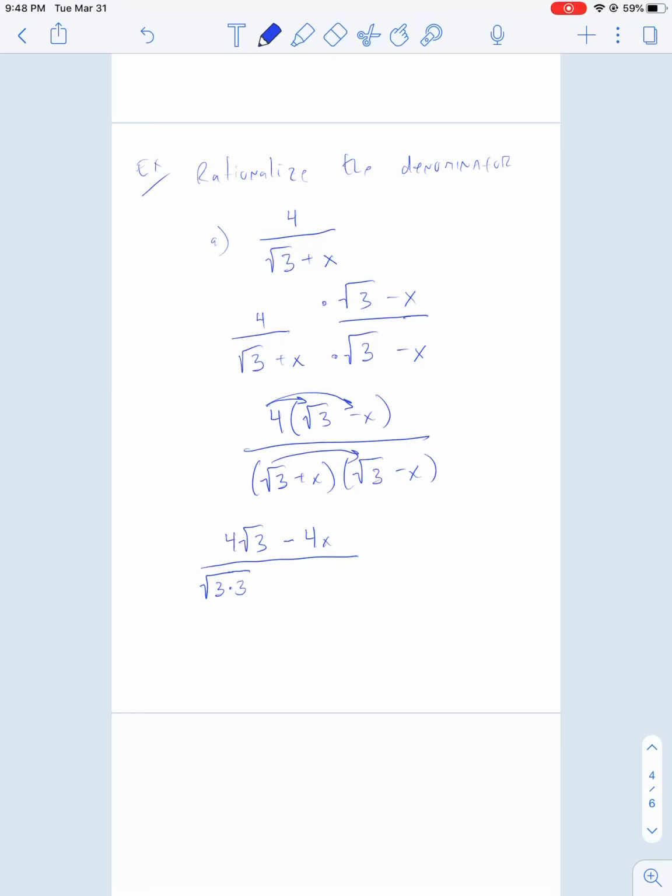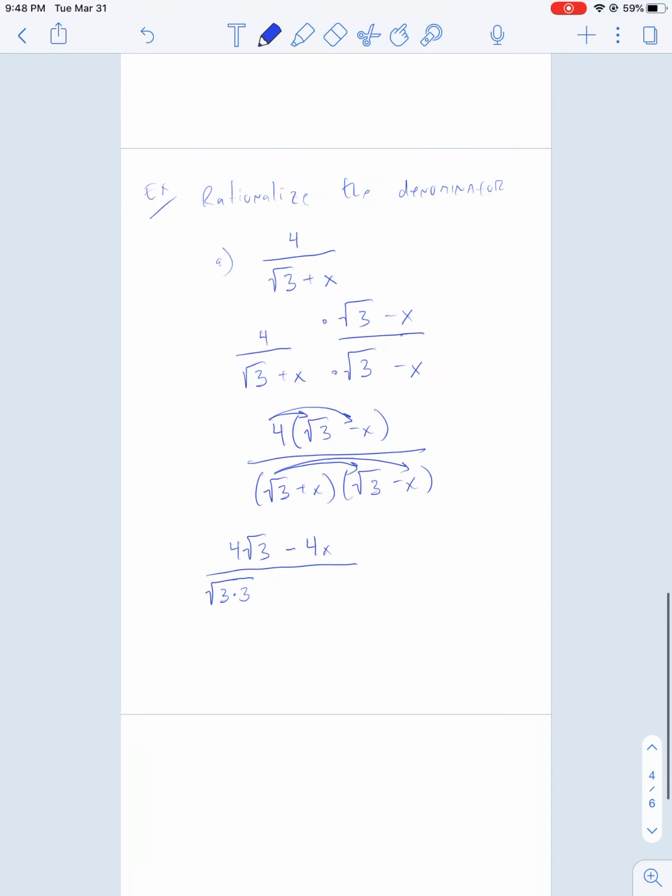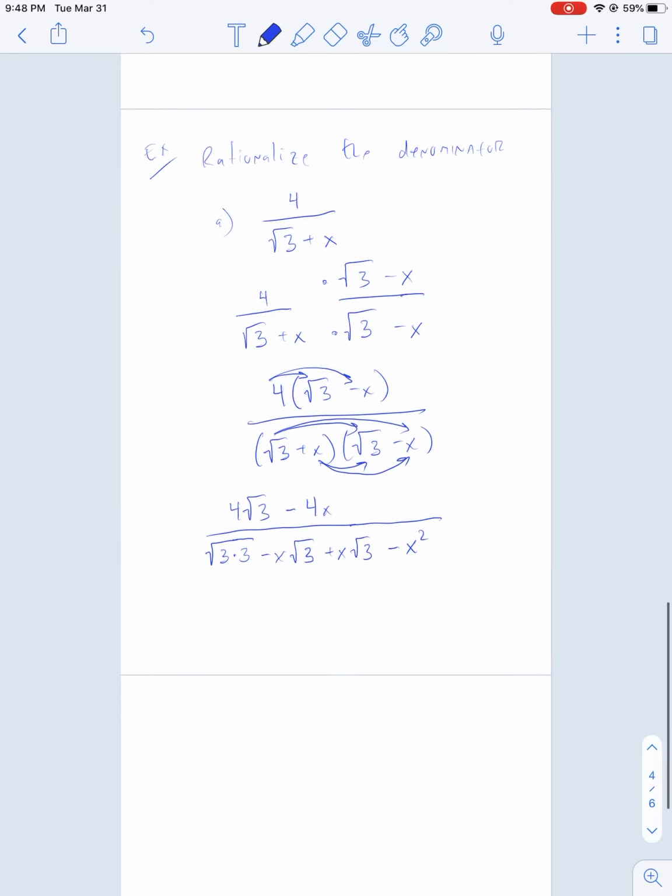All right, we show it like this. Our next one, all right, plus, I'm sorry, that's a minus, right? Square root of 3 times negative x is a minus x square root of 3. This x has no radical, so it goes in front of the radical. x times a positive square root of 3 is a plus x square root of 3. All right, then we have x times negative x. Well, that's a minus x squared. We learned this in a previous chapter.